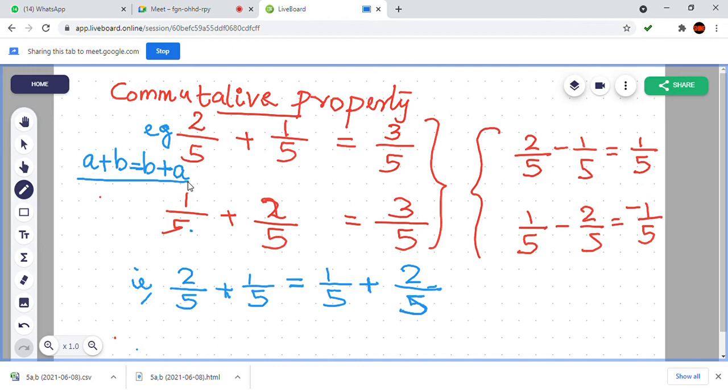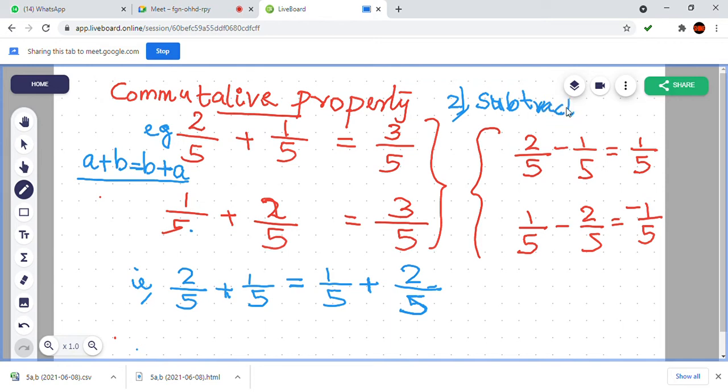Okay. After completing that much, you can write the next one, subtraction. Then in your textbook, on that same page, you can see.